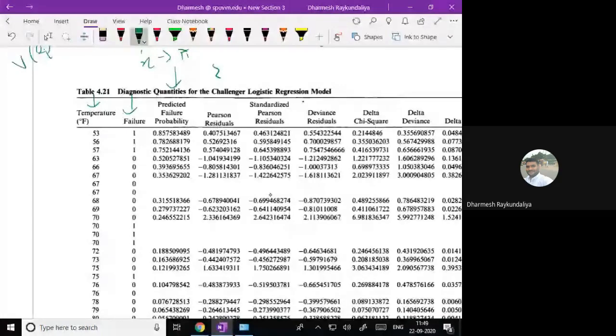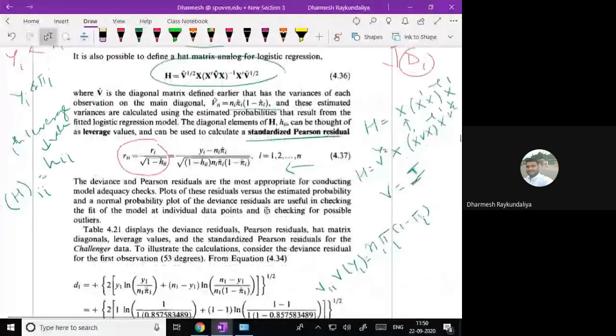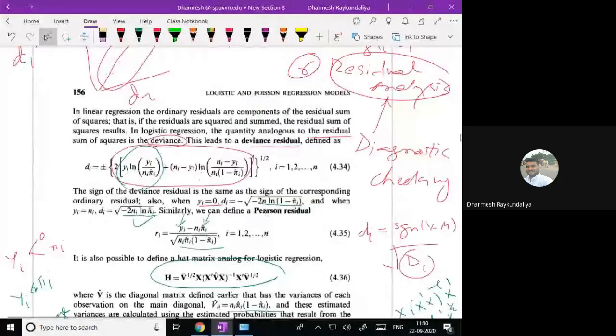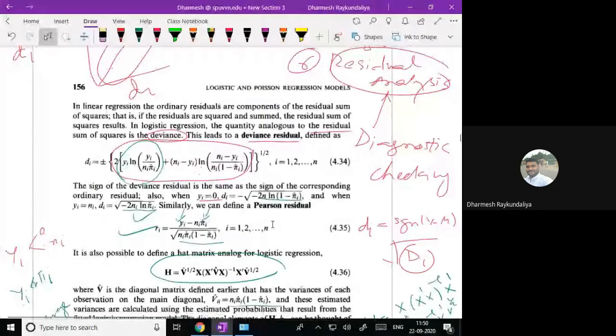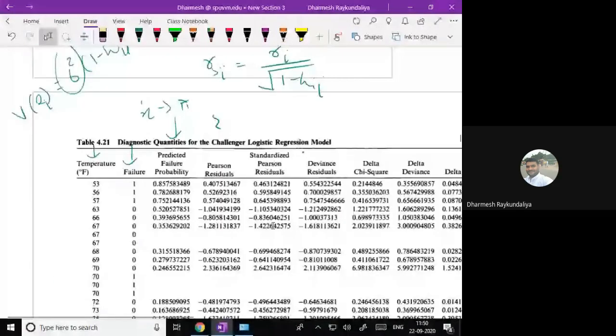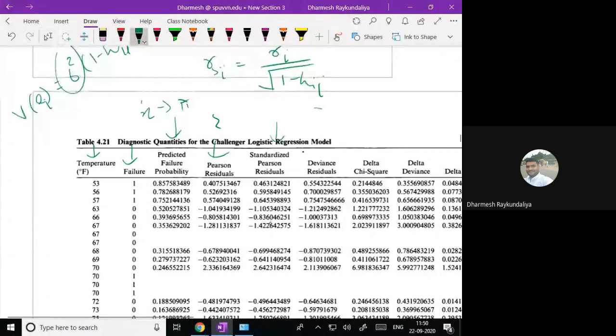You know the pi, you know the y, you know the ni. Here in the Challenger data, ni is equal to 1 because it was ungrouped data. So you can calculate these Pearson residuals. Then how will you calculate the standardized Pearson? It is ri upon square root of 1 minus hii. How will you calculate hii? Because you have the H matrix, you take the diagonal, and it gives the leverage value. You have already calculated the deviance.